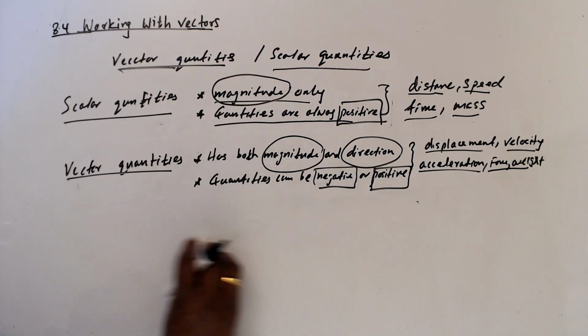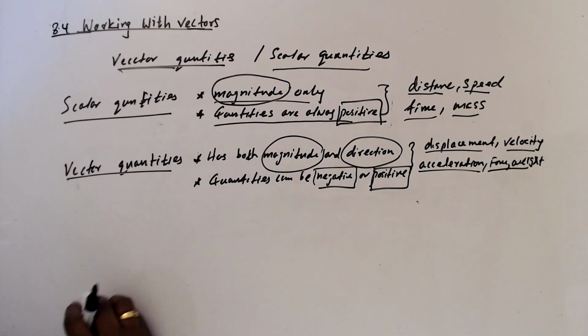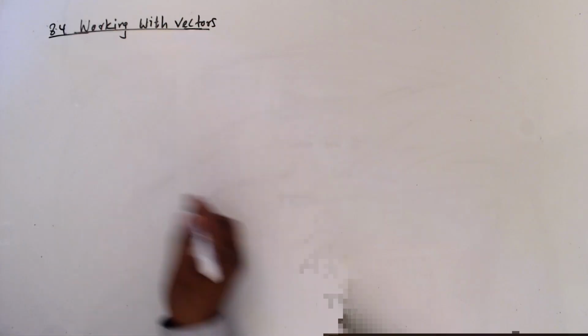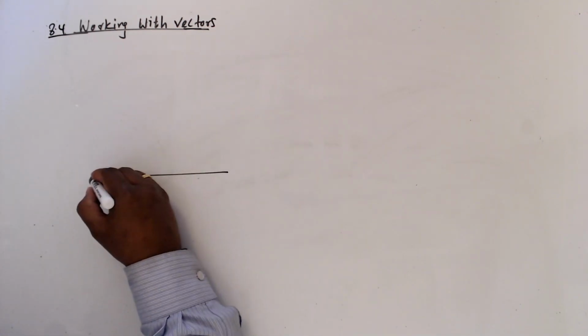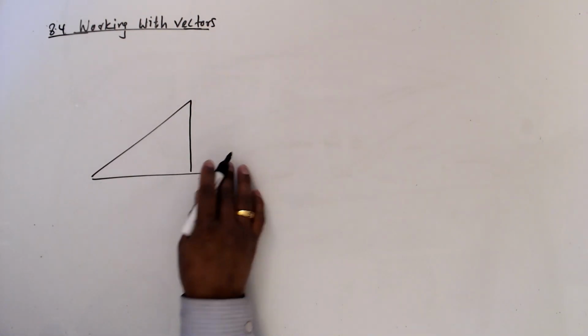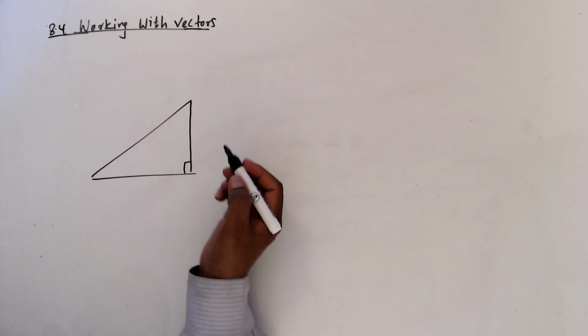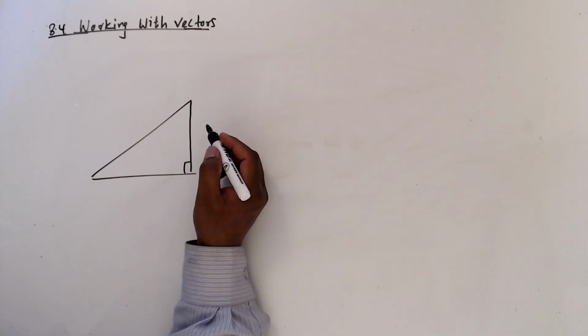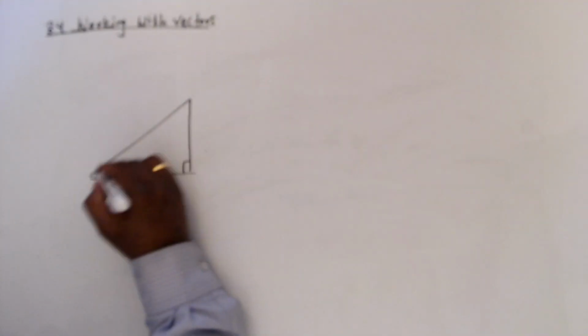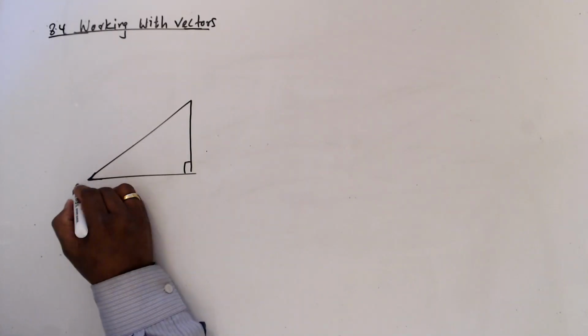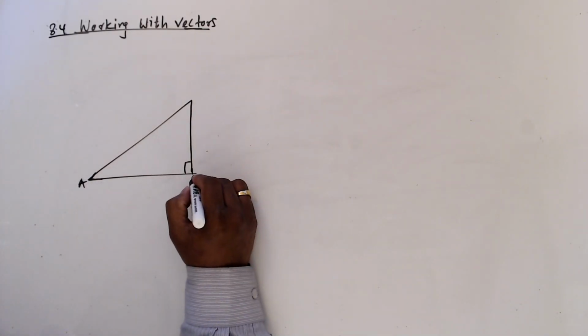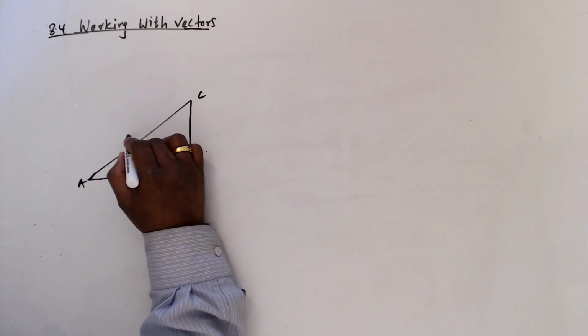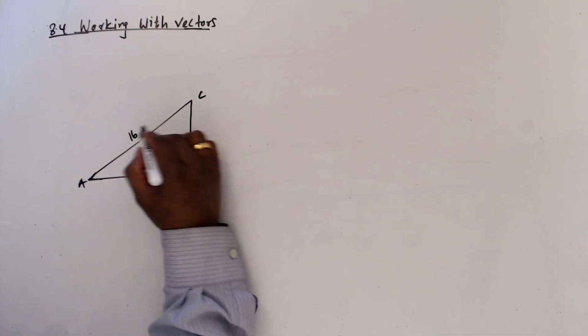Before getting into example 6, we'll do a different example first. This is a right angle triangle, and let me take this as ABC. Let's say this distance is 16 meters.